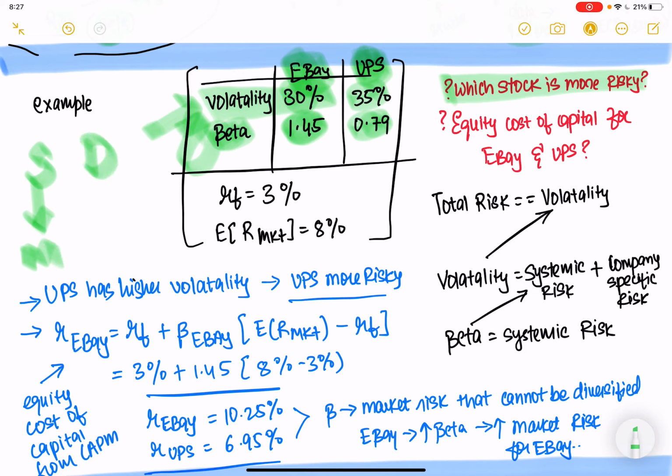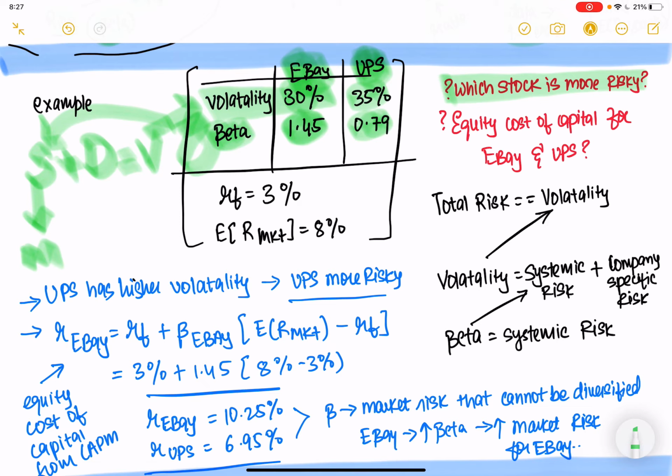Beta captures the systematic risk. So systematic risk plus diversifiable risk equals volatility, right? So beta is part of volatility. If I were to ask you another question, which stock, based on this information, is riskier from a diversification standpoint?